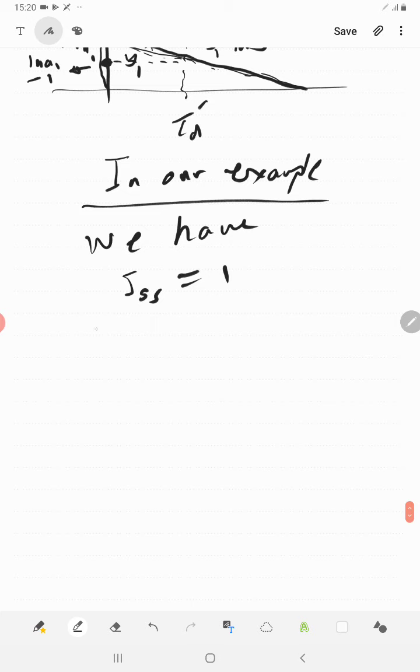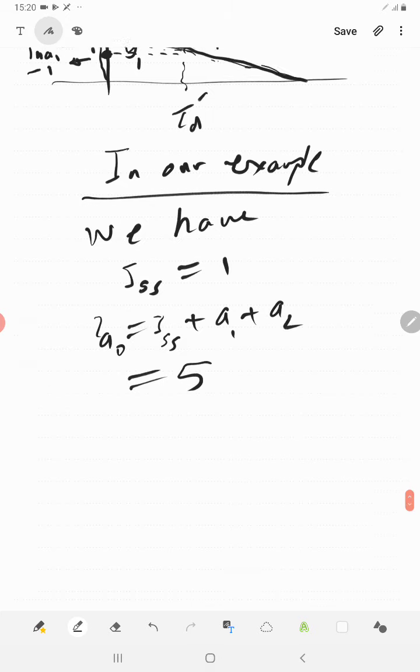We have I A naught is equal to I steady state plus A1 plus A2, equal to 5.